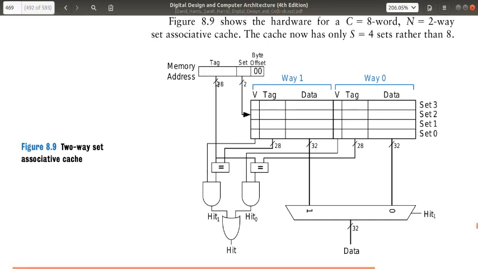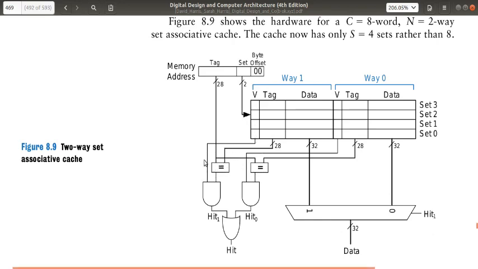Again, we compare the tag bits. So first we compare the tag bits with the tag bits of this block, and then we compare the tag bits with the tag bits of this block for the specific set. So 2 comparisons are there.